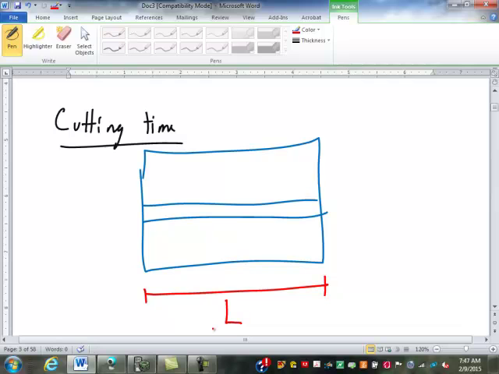Well, we need a couple of things we need to know. One thing is the feed rate. What is a feed rate? Well, a feed rate is, on a mill at least, how far that tool can advance into the material for every revolution of the bit, of the tool. Sound familiar?